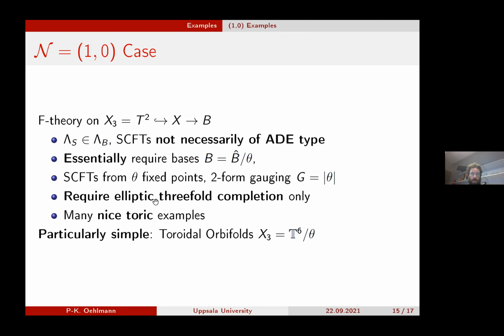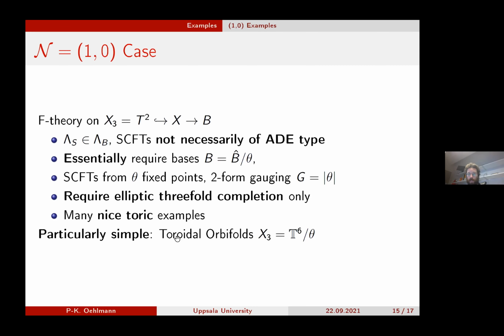But the upshot essentially is that as soon as I choose a base that you can write as a global quotient by some element theta that has fixed points, and my SCFTs come from these fixed points, then I will also have a two-form gauging which coincides with the order of this global quotient.